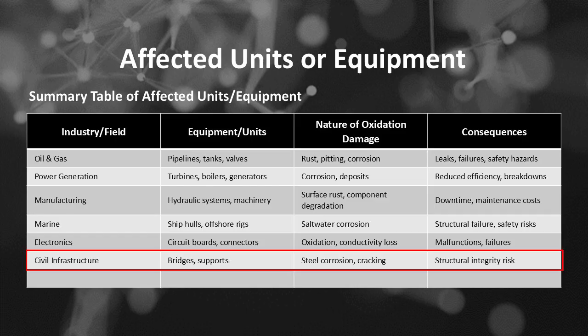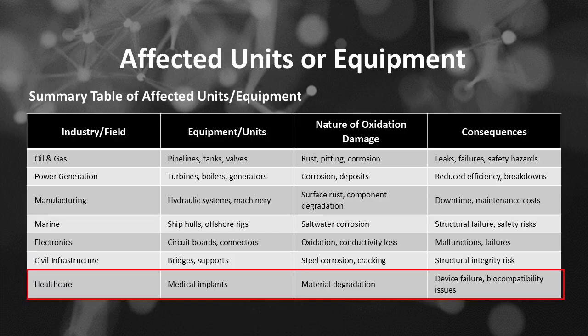If the industry or field is civil infrastructure, then the equipment or units are bridges and supports, the nature of oxidation damage that will occur is steel corrosion and cracking, and the consequences are structural integrity risk. If the industry or field is healthcare, then the equipment or units are medical implants, the nature of oxidation damage that will occur is material degradation, and the consequences are device failure and biocompatibility issues.